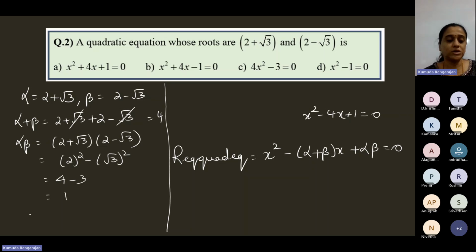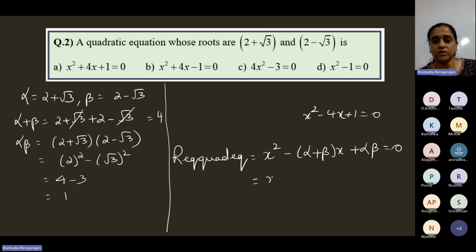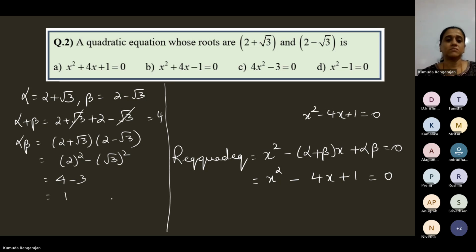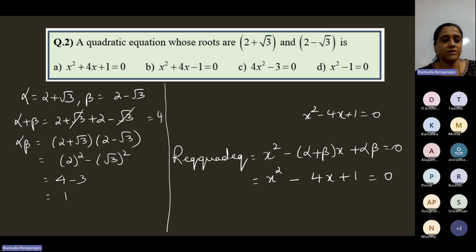Required quadratic equation is equal to x squared minus 4x plus 1 equals 0. So maybe we'll change this option to minus. You can just change this one to minus.